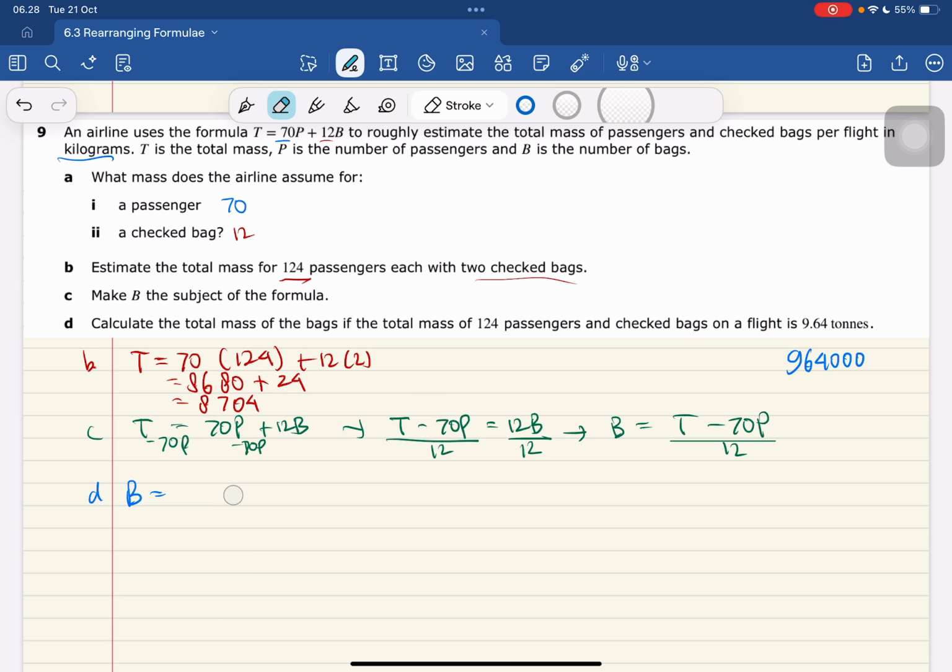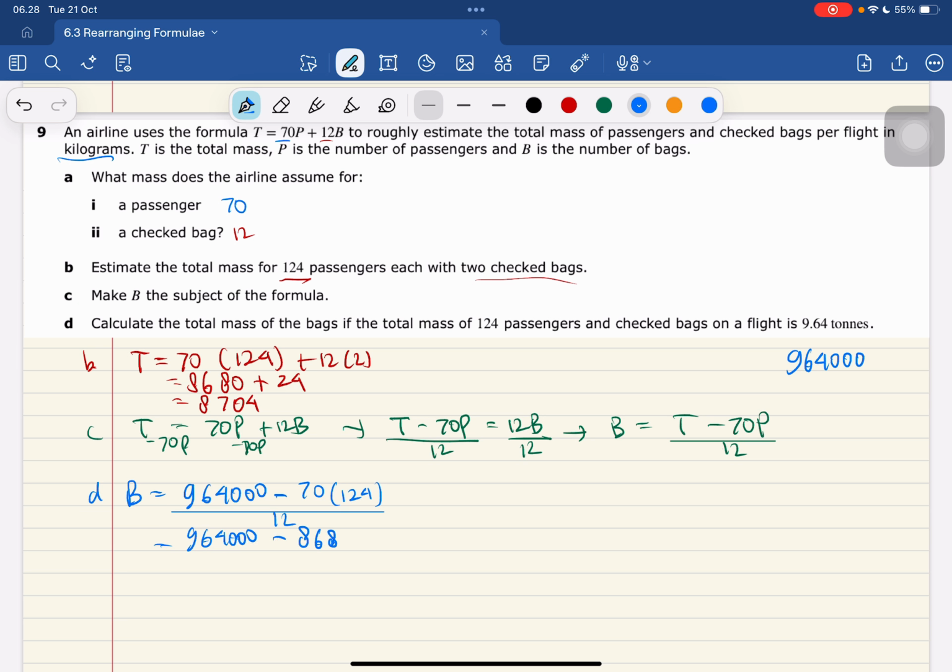So we got the kilograms: 9,640 minus 70 times 124, and then divided by 12. So this is 9,640 minus 8,680, and then we divide by 12.